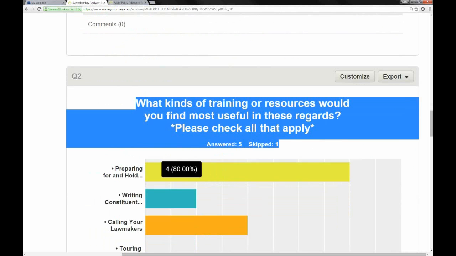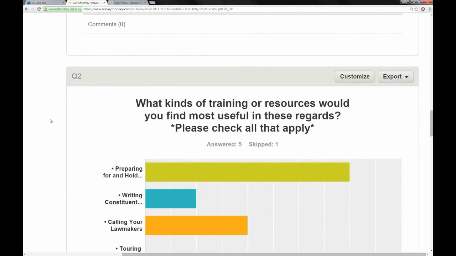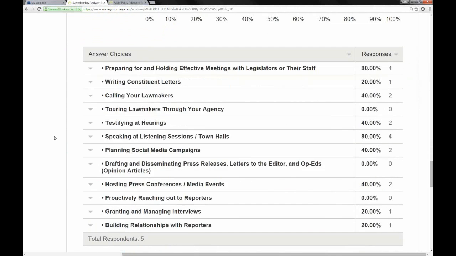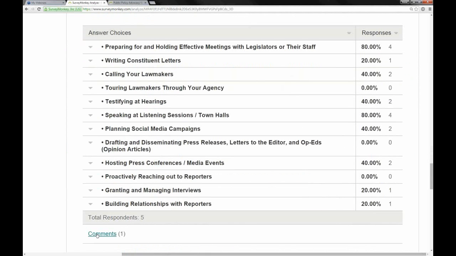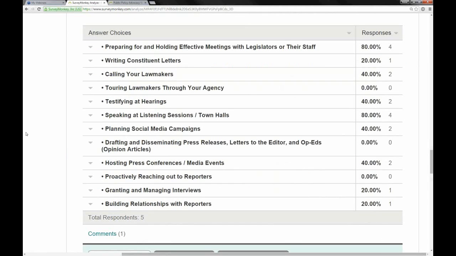What kinds of training or resources would you find most useful in these regards? Obviously, this builds on the questions you just answered. 80% of folks responding said preparing for and holding effective meetings with legislators or their staff. Would love training or resources on that. 80% also said speaking at listening sessions or town halls.